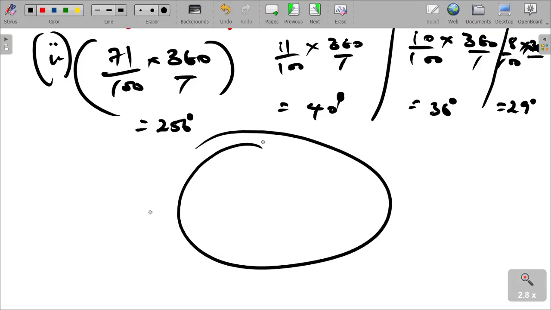The biggest one is 256, which is going to be drawn like that.